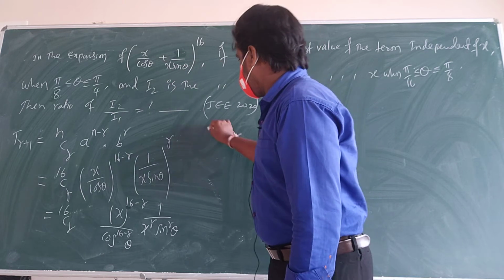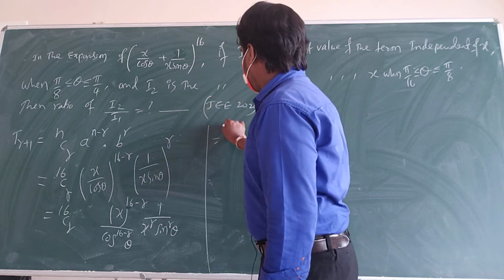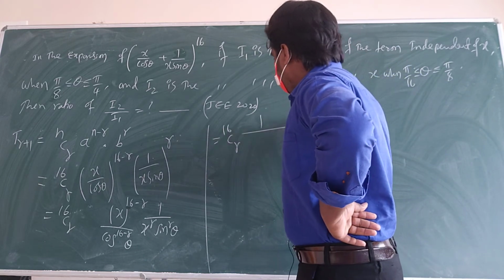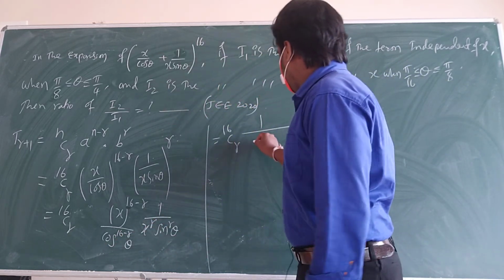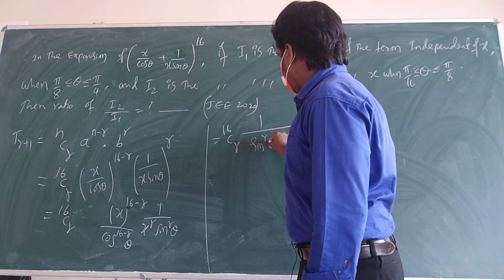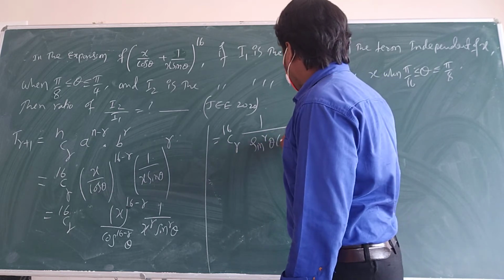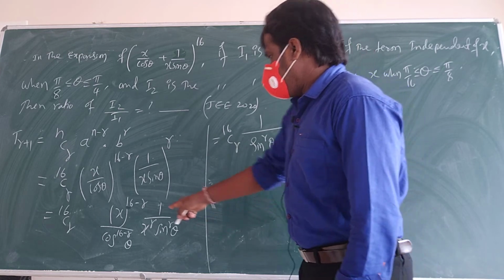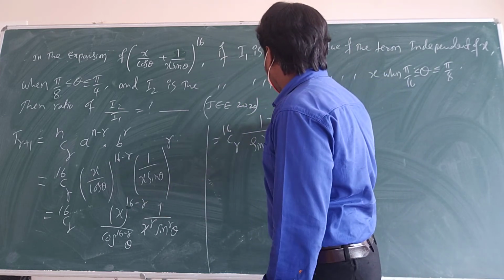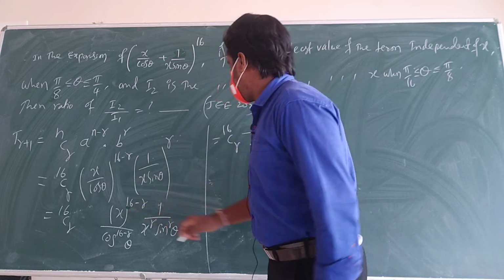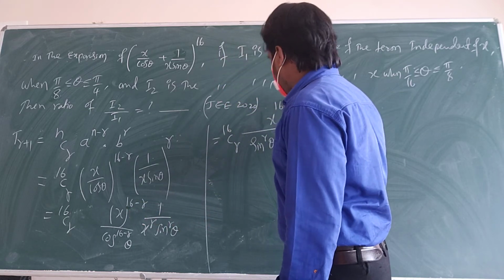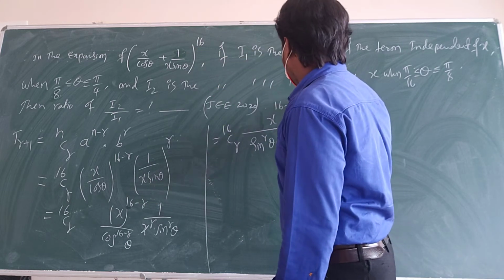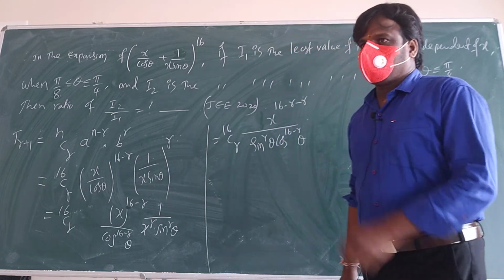Okay. Now therefore what do I get here? 16Cr, 1 upon sin power r θ into cos power 16 minus r θ, and x power 16 minus r, and this plus r I will send up, so I will get minus r, right?